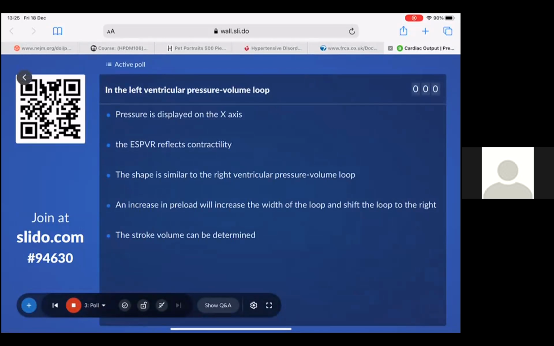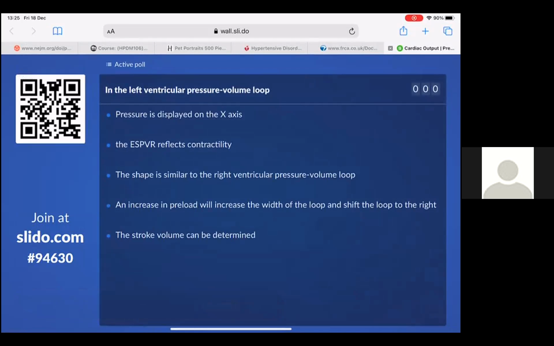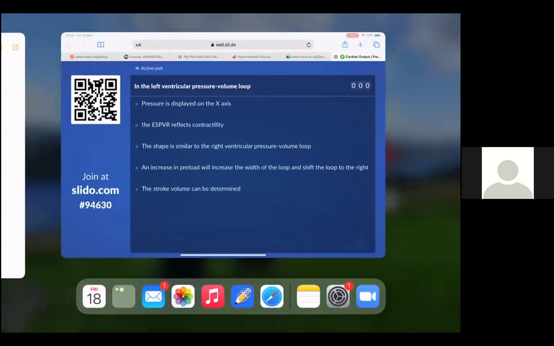In the left ventricular pressure volume loop, the pressure is displayed on the x-axis. No. Good. The end-systolic pressure volume relationship reflects contractility. So the diagram. Which one?